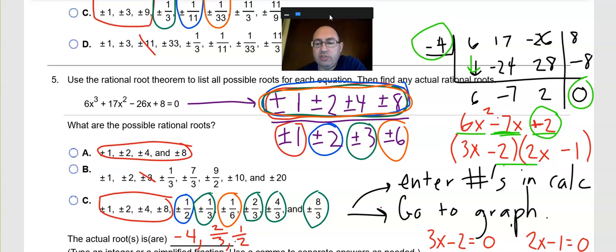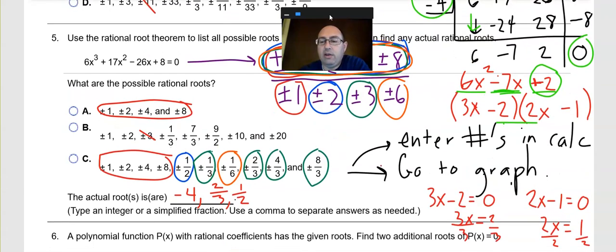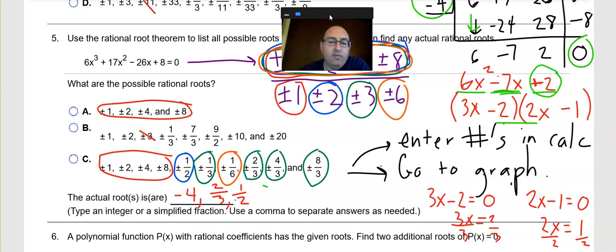Set the factors equal to 0, as you can see at the bottom of the window, and then I started solving them. And we ended up with 2/3 and 1/2. Very close together. That's why you saw that thing dip below and come back up, but they weren't real nice. Now, 2/3 and 1/2, those are in my list, right? You can see the positive 2/3 and the 1/2, those are in my list. They don't always end up being in your list, but they can.